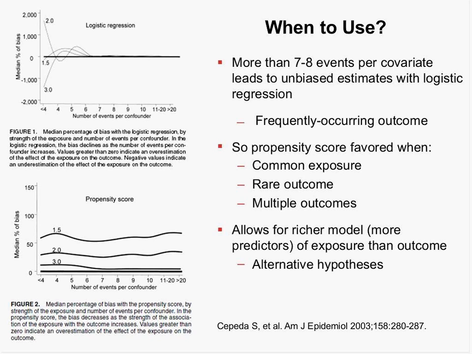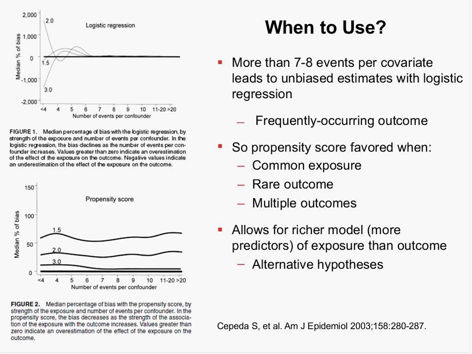But the propensity score allows you to build a richer model of exposure, you're modeling exposure with the propensity score, than you can with outcome, where there are few outcome events. And this is assuming that you have a lot of exposed events. So when there is common exposure and rare outcome, there's a clear advantage to the propensity score over traditional logistic regression modeling.